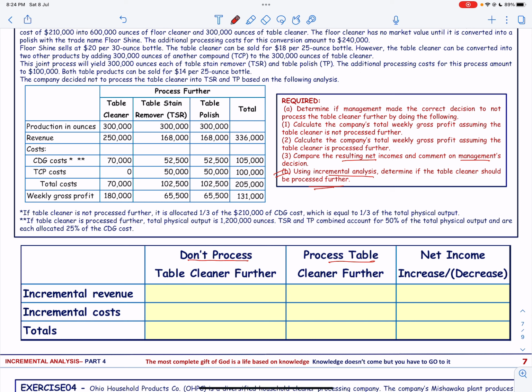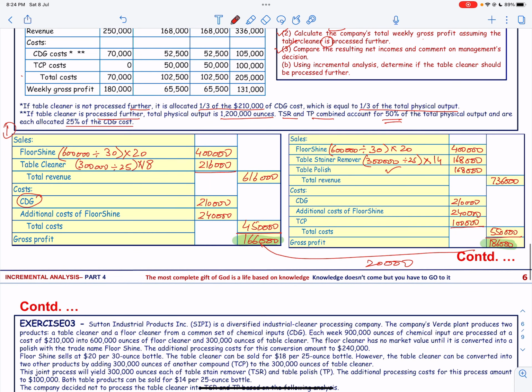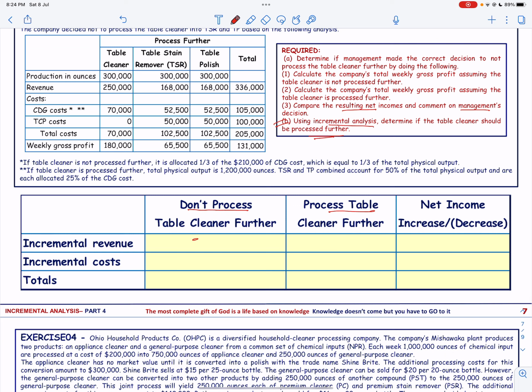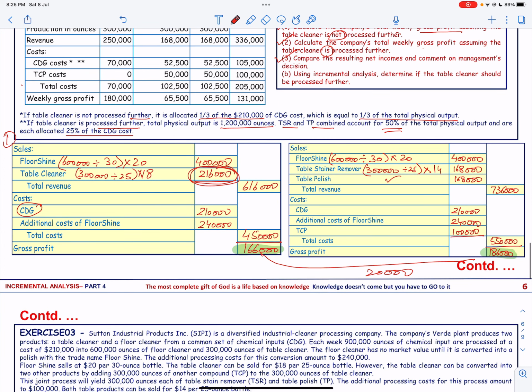So the incremental revenue, if we don't process, is going to be 216,000, and there will be no incremental cost in this case because we are not processing further. So this will be equal to 216,000.